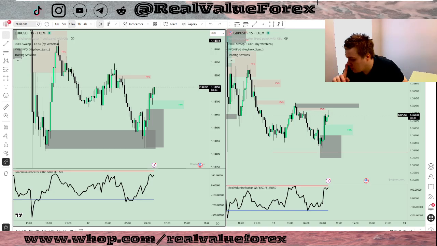Also, how I have used it: if I watch your picture, for example the second trade, you have the real value indicator actually diverging there, because you had a signal before and then you had a higher high and the real value indicator made a lower high.